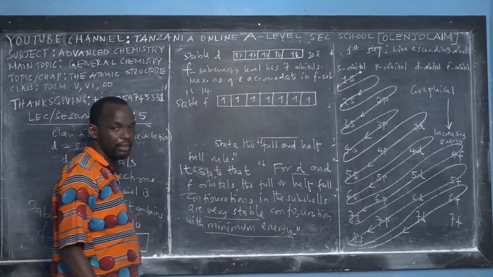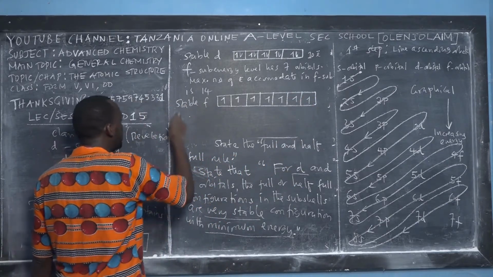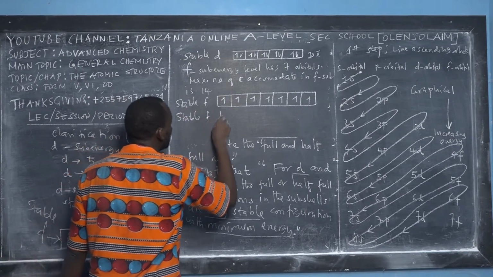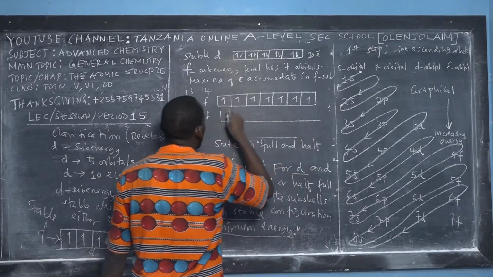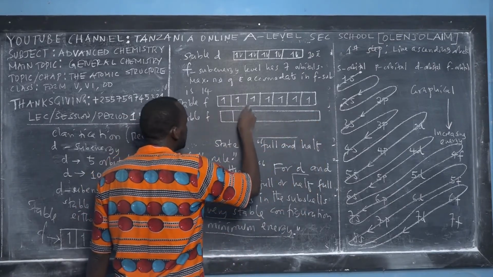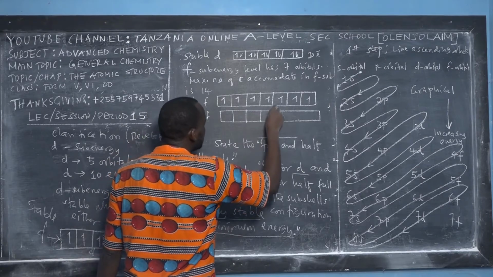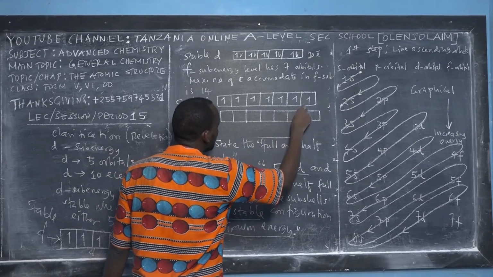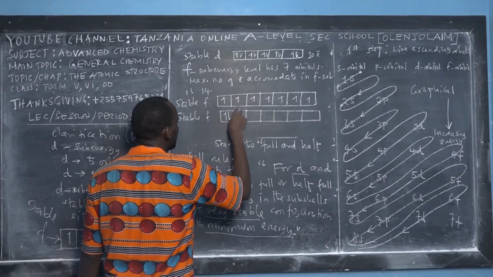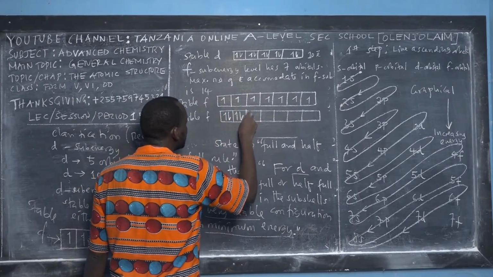This is a stable F orbital. And a stable F orbital is also when all the orbitals are full with electrons.